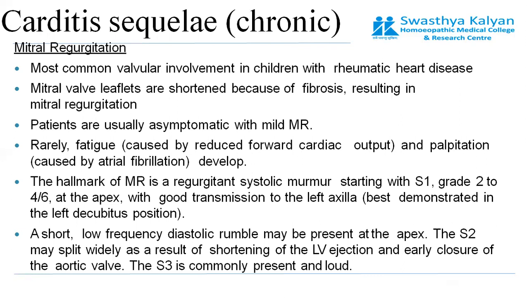And this is a remark about the position used for listening to the sound. A short, low-frequency diastolic rumble may be present at the apex. The S2 may split widely as a result of shortening of left ventricular ejection and early closure of the aortic valve. The S3 is commonly present and is loud.